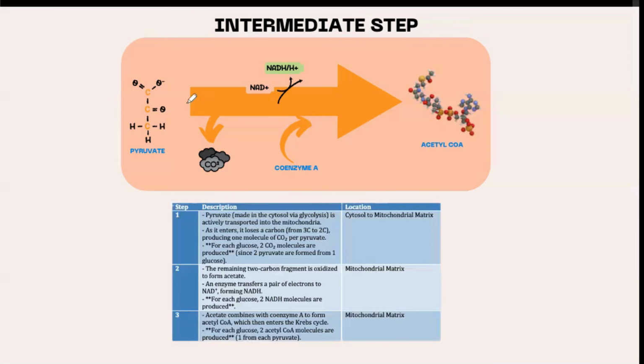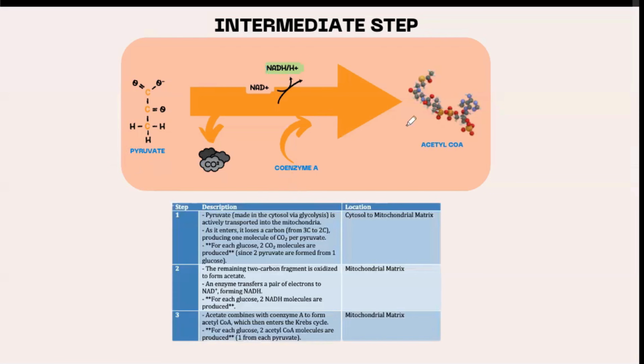Now remember, one glucose molecule doubles everything we see here. So we not only have two CO2s and two pyruvates, we're also producing two NADHs from two NAD plus.